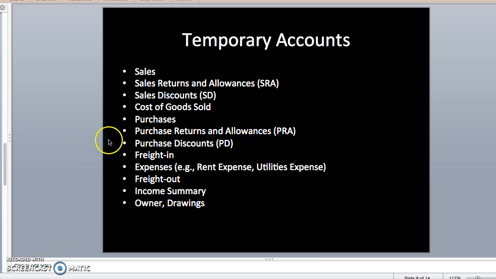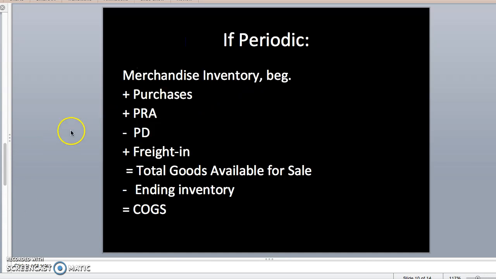Now, you might be thinking, okay, wait, why does it seem like in this inventory system, we have more temporary accounts? Let me show you, especially in this part. If you remember, in the periodic inventory system, we have specific account names for purchases, purchase returns and allowances, and purchase discounts.